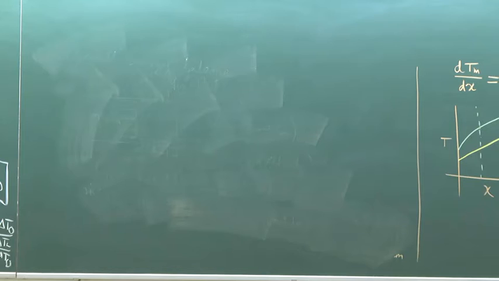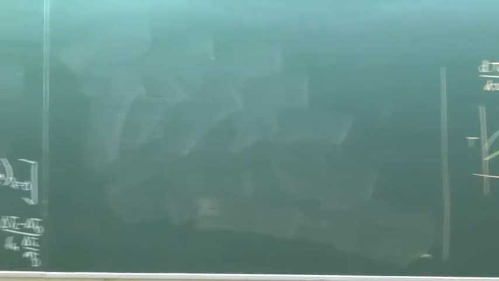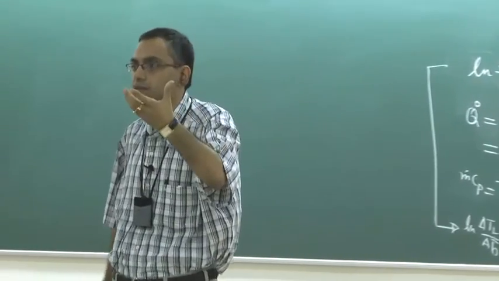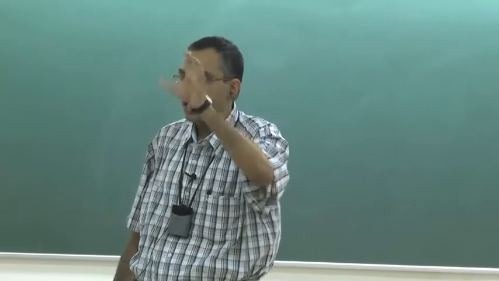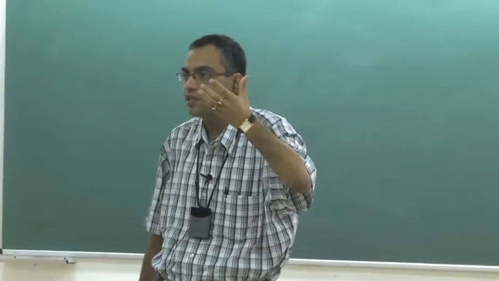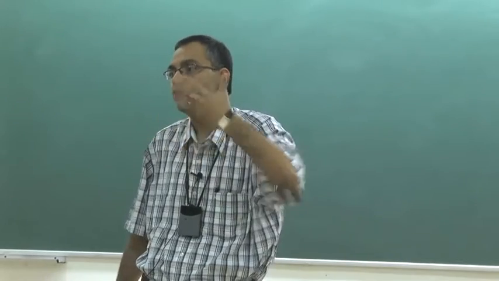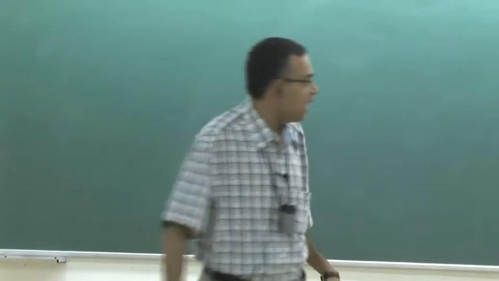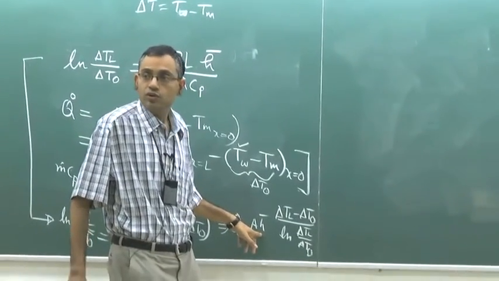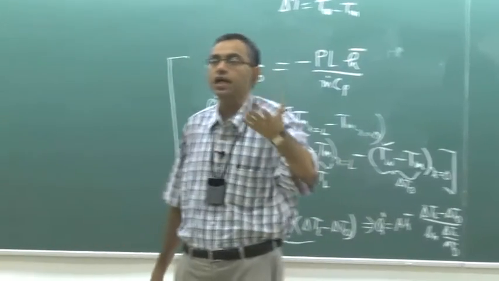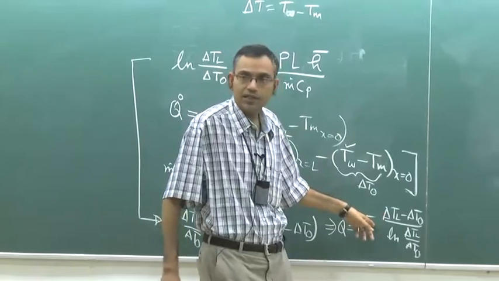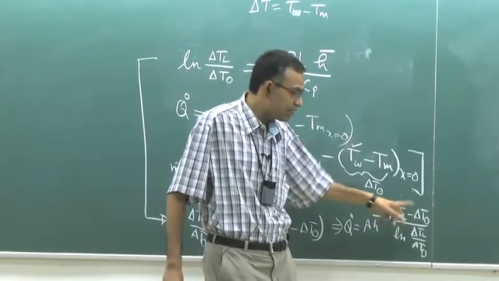So you can see that normally what is Q dot? A into H into delta T, the temperature difference between the two systems across which the heat transfer is taking place. Here one system is the wall, another is the fluid. So it would have been ideally A into H into T wall minus Tm, but it is not AH into T wall minus Tm, it is AH into this.